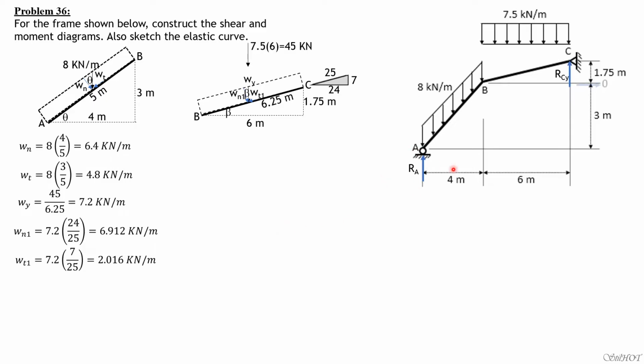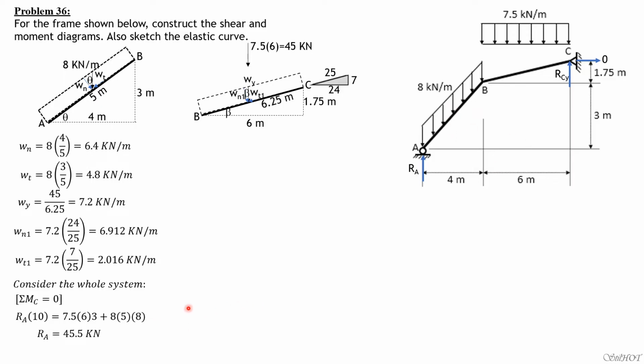So we'll call this RA, and R sub CY. Obviously, summation of forces horizontal, R sub CX is 0, but we will verify that later. So consider the whole system, summation of moment about C equals 0, clockwise positive. We have RA times 10 equals 7.5 times 6 times 3 plus 8 times 5, because this is 5 meters and the moment arm is 8, 6 plus half of 4, 2, so 8.